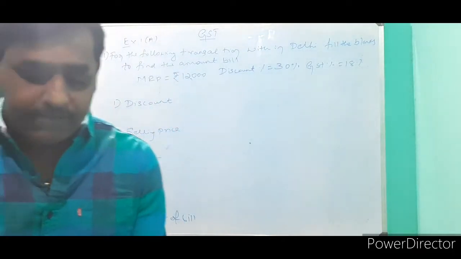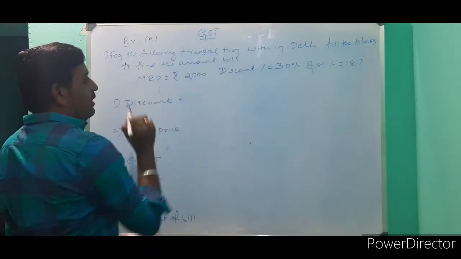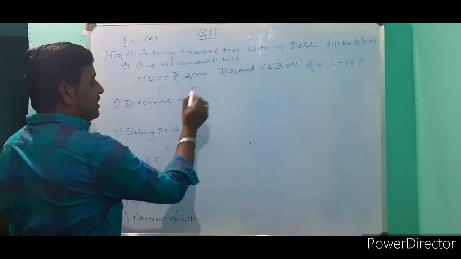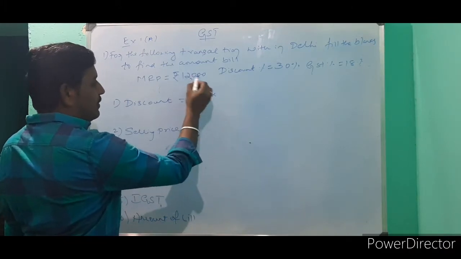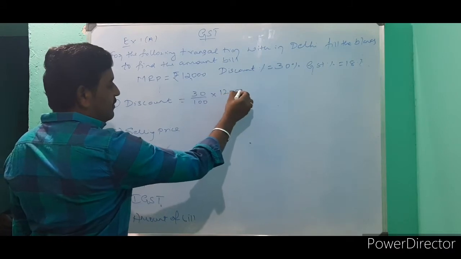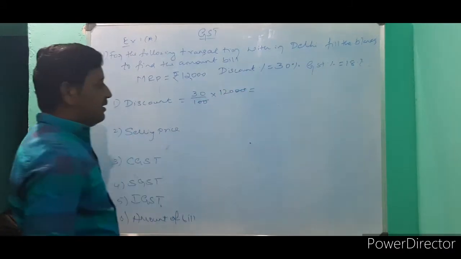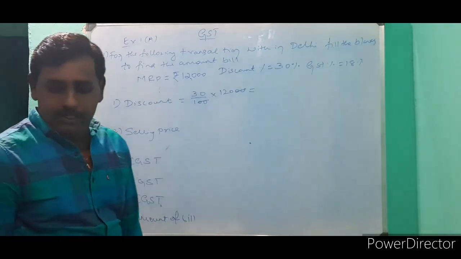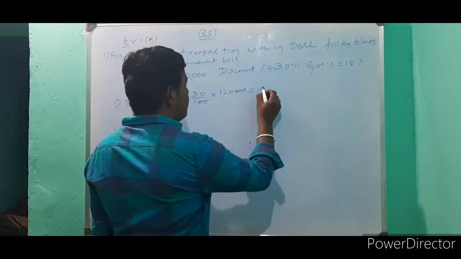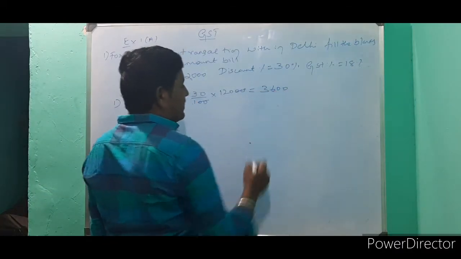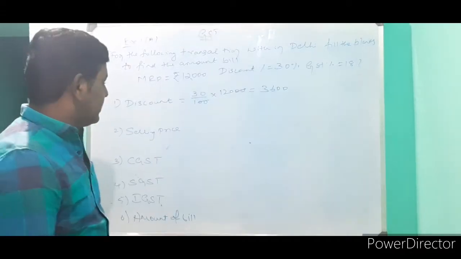So in this first we have to find discount. They are given MRP is 12,000, discount is 30%. 30% is 30 divided by 100 into MRP, 12,000. 20 and 20 get cancelled. If we multiply 120 into 30, we get 3,600. That is the discount price, 3,600.